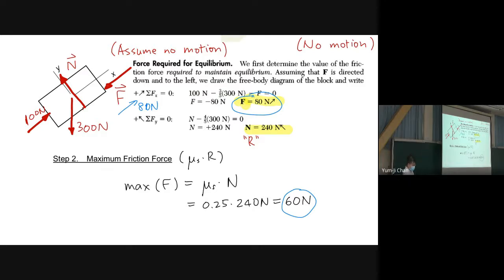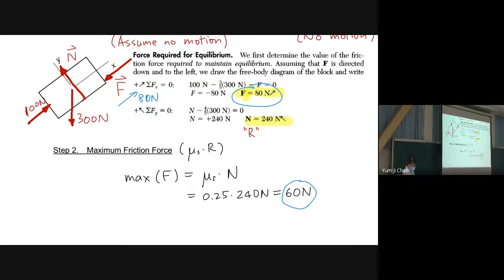Just to remind you. And the maximum friction force, because the value of mu s is 0.25, is 0.25 times 240, which is 60 Newtons.